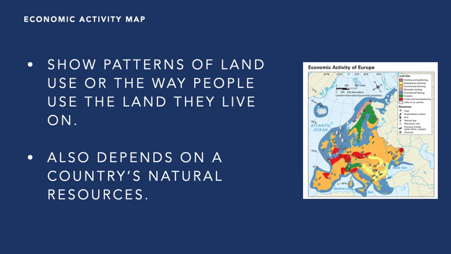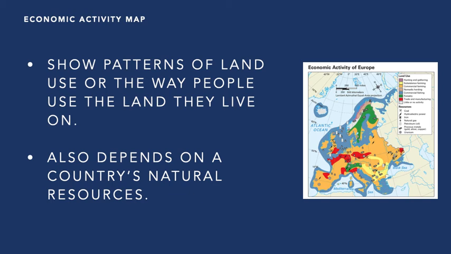The last map we are going to be talking about is an economic activity map. And economic activity maps show patterns of land use, or the way people use the land they live on. And the way that people are going to use the land that they live on is also going to depend on their natural resources in that area.